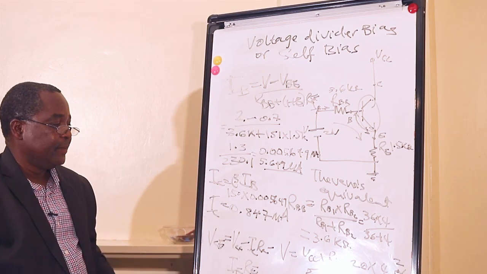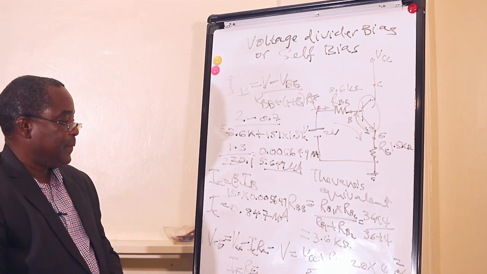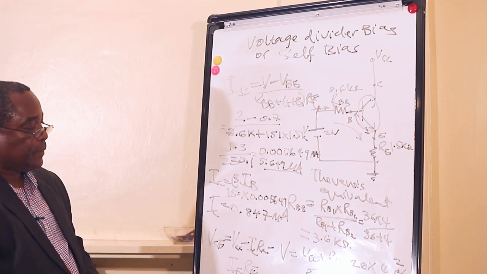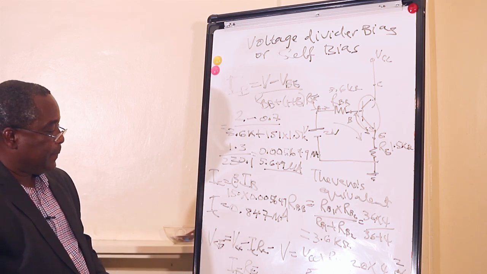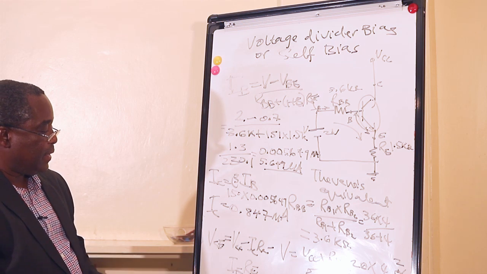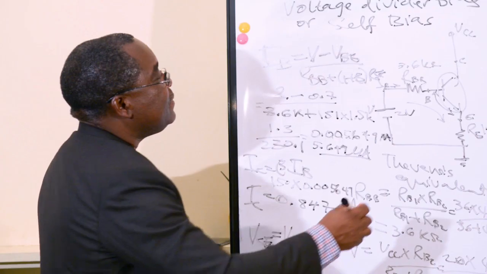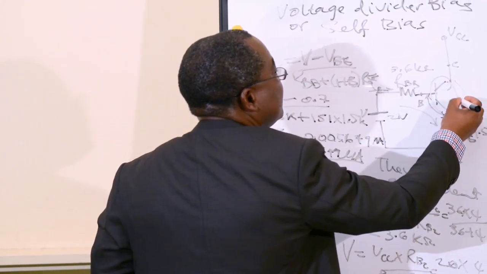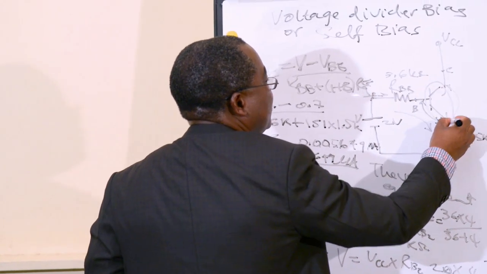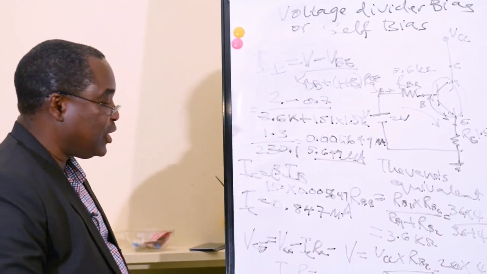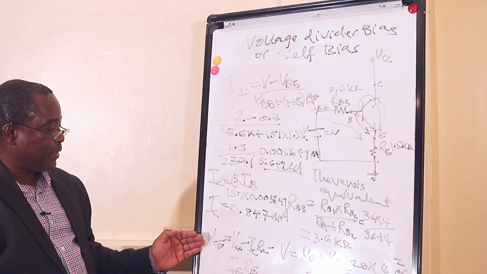This is Kirchhoff's voltage law. Then we have the VCE, which is this one, collector emitter voltage. So by using Kirchhoff's voltage law, we have the collector emitter.